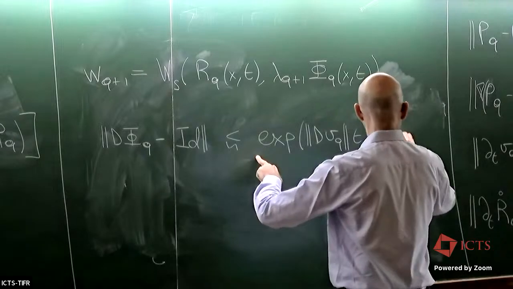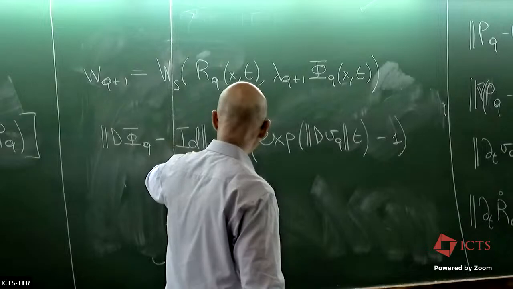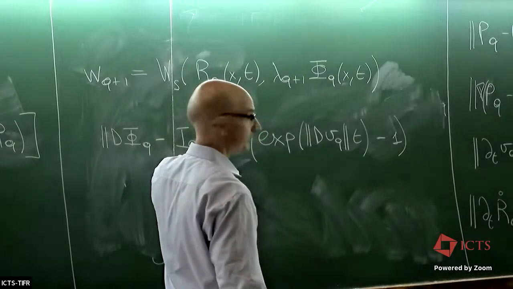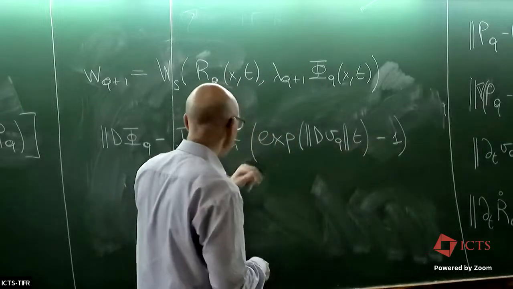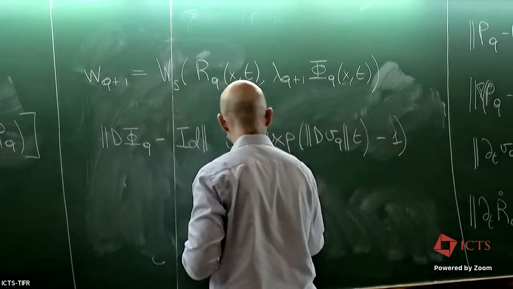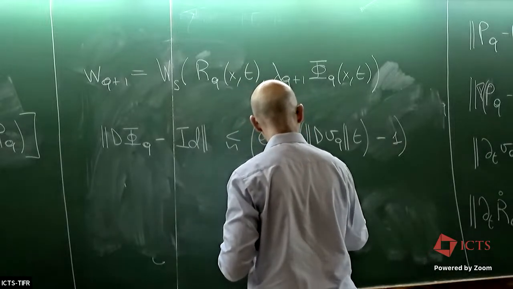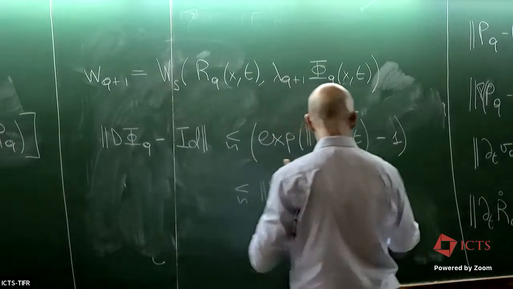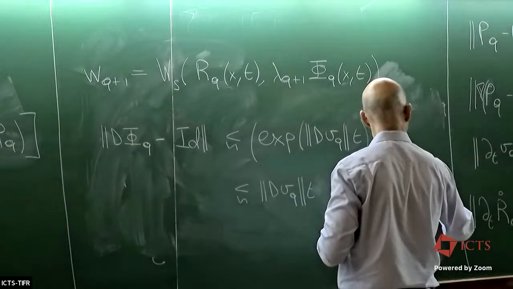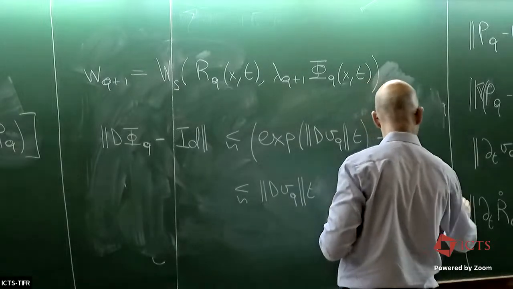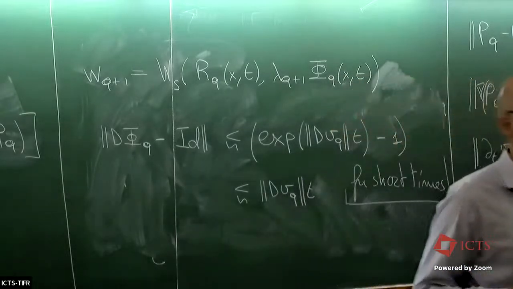Minus 1, actually. You have to put a minus 1 over here, right? Because this phi_q at the beginning of the time is the identity, when you're solving for it. So that's a minus 1 over there. Now, because there is a minus 1 over there, you know that this is going to be less or equal than dv_q times t for short times.